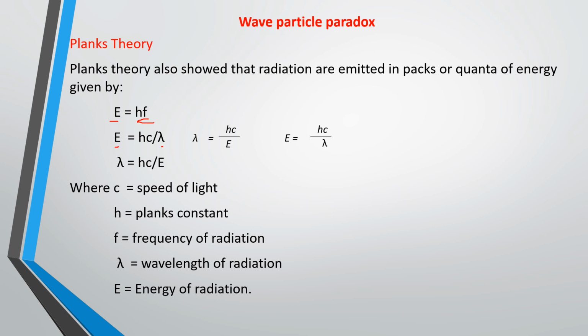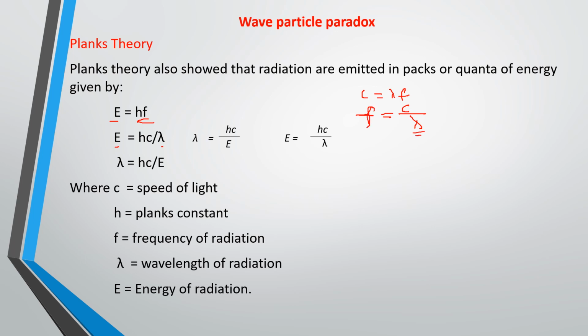We know that velocity c is given by lambda times f, so you can substitute for f to have c over lambda.